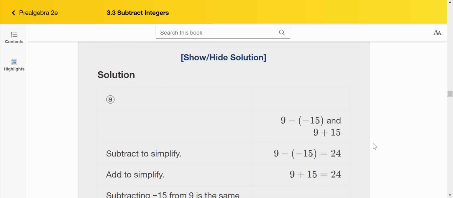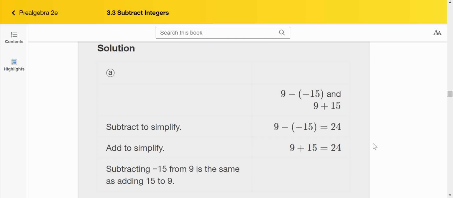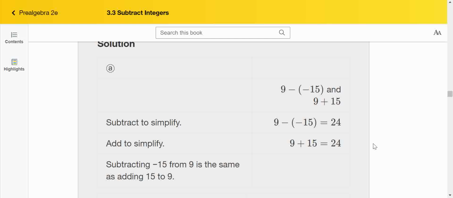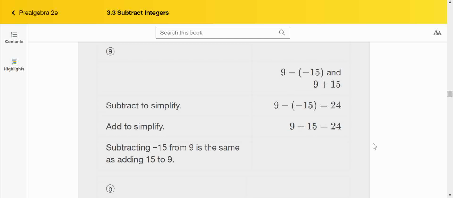Subtract to simplify. 9 minus minus 15 is 24. Add to simplify. 9 plus 15 is 24. Subtracting minus 15 from 9 is the same as adding 15 to 9.